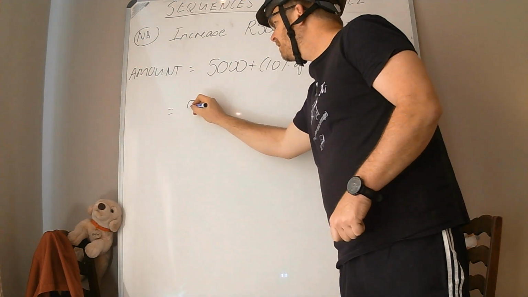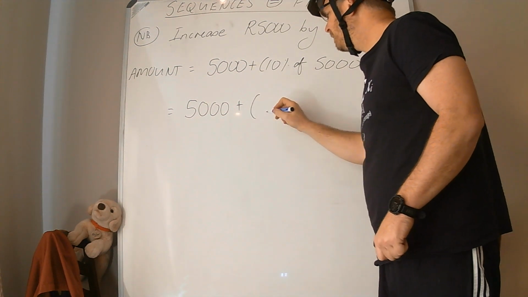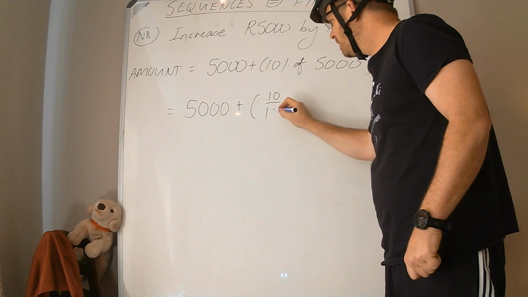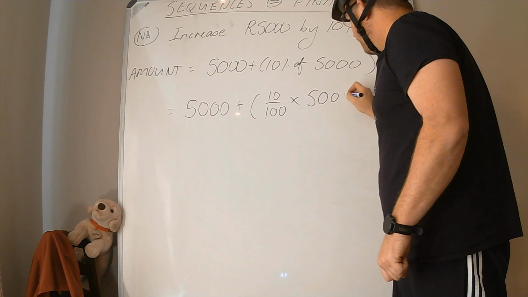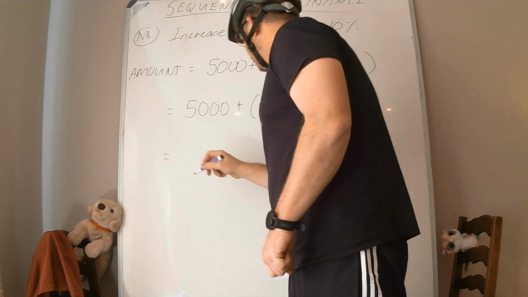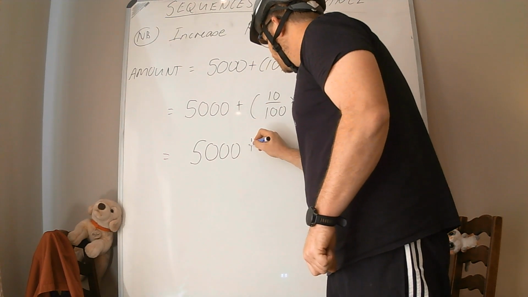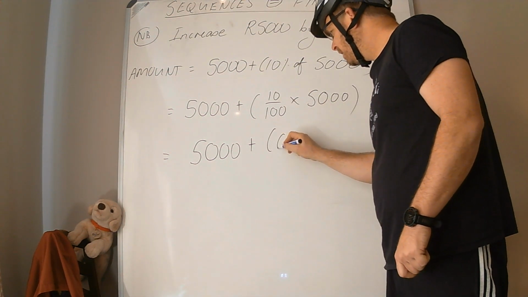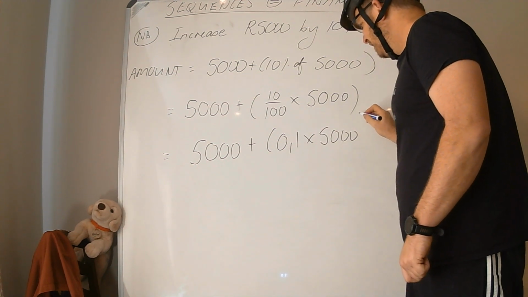So 5,000 plus 10 over 100 times 5,000, and 10 over 100 is 0.1, so it's 5,000 plus 0.1 times 5,000.